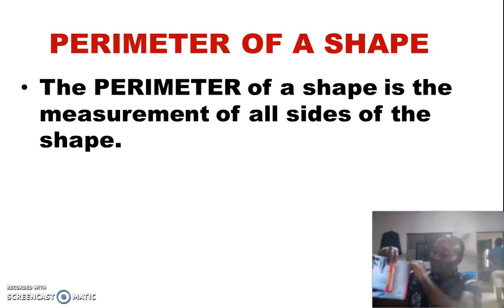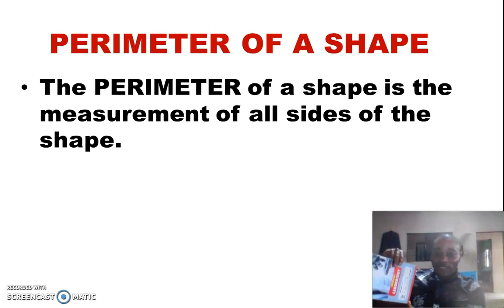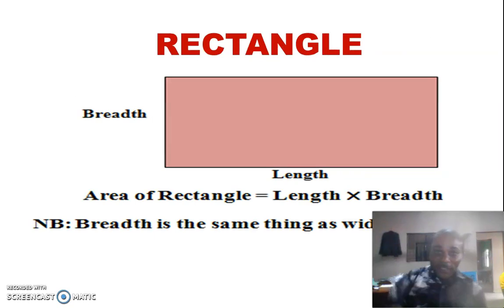This is the length, this is the breadth. The breadth is the same thing as the width. It's also the same measurement as this. Then how do I get the perimeter? I'll add all the measurements together. That is how I get my perimeter. I believe you understand that now. You can also do that practical on your own. Okay?